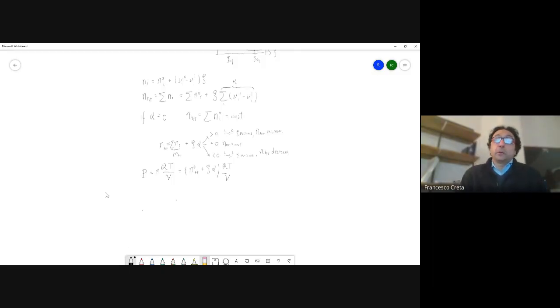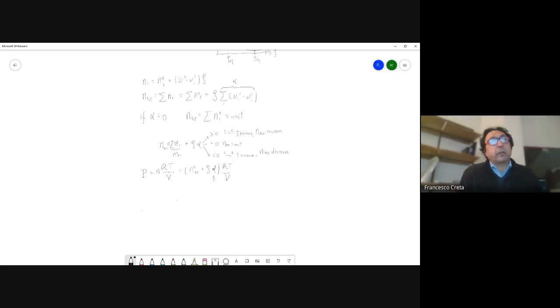Okay, so let's see if we can speed up things a little bit here. Last time we were looking at this quantity alpha, if you remember, this quantity appearing here. This was essentially the sum of the difference in stoichiometric coefficients between products and reactants.